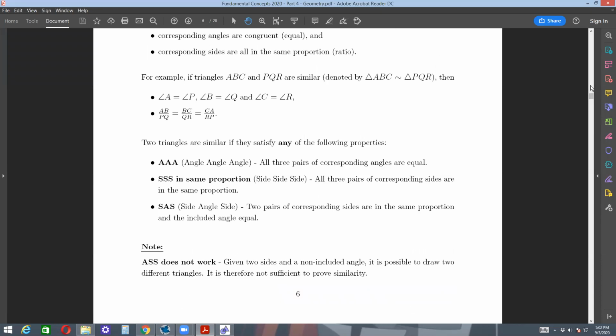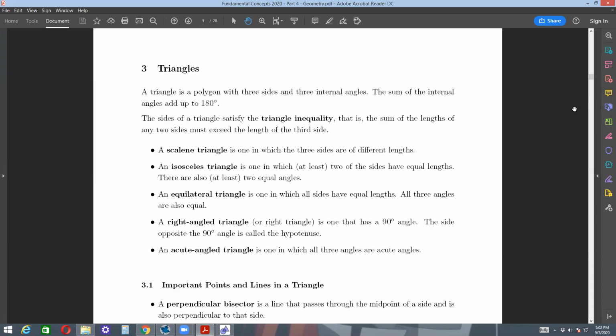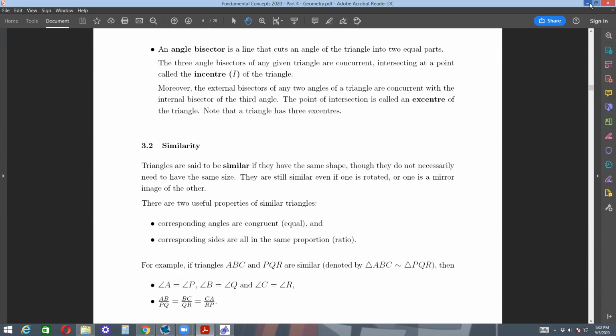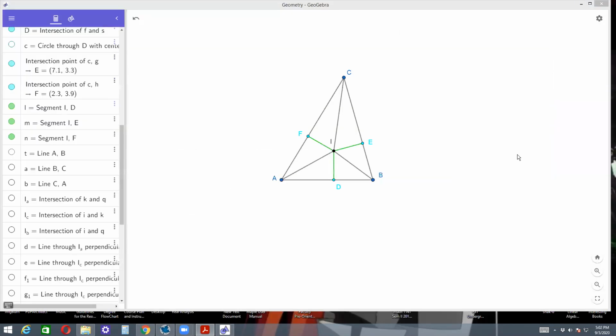So how do we finish this? So this is equal to this. This is 90, this is 90. CI is common to both. Can we conclude anything from that?